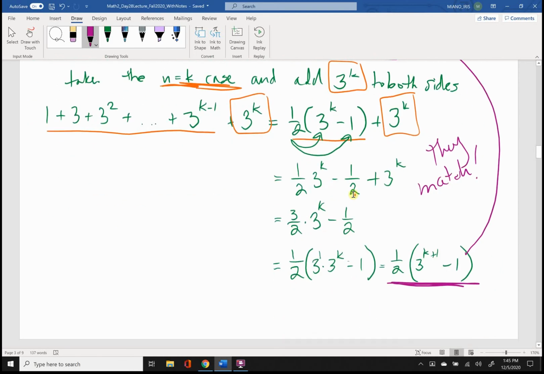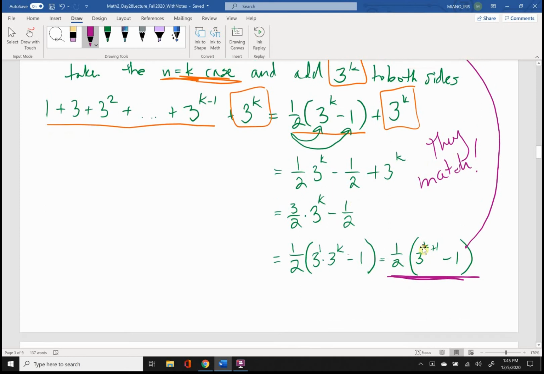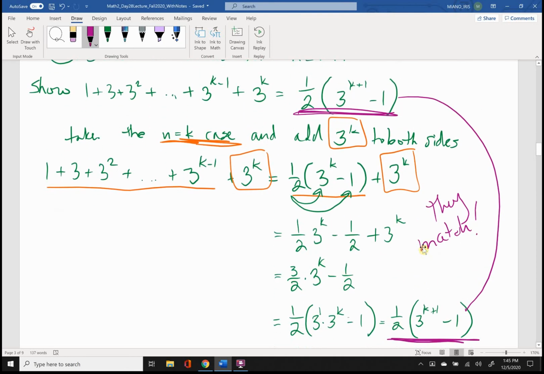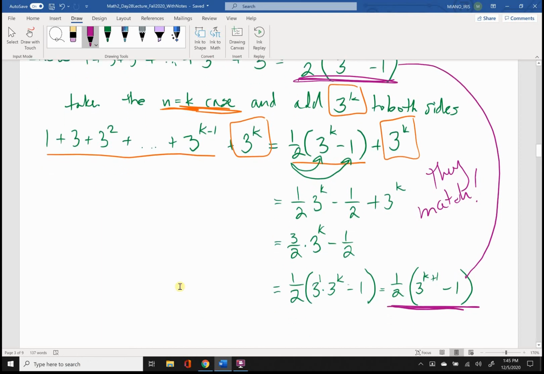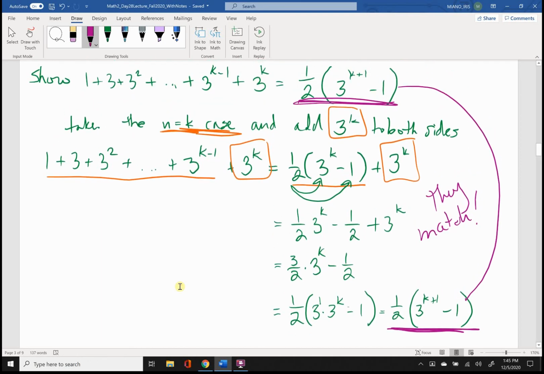And we did some algebraic manipulation, and we got them to match, as you can see in both things that are underlined in purple. Okay, so like I said, you're going to need to put your algebra hat on. The purpose of these examples that I'm demonstrating for you is to show you some common tricks that you can use.